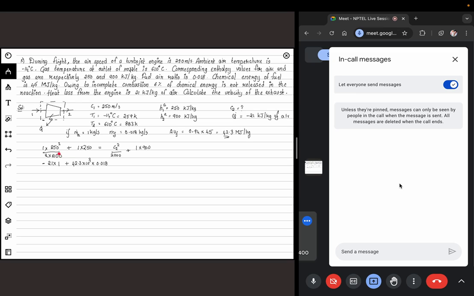So this is for the velocity part, this is the enthalpy part, this is the Q part, and this is the U part. So whatever is the heat loss plus whatever is your change in internal energy, this is the change in internal energy, out of which 21 kilojoule per kg is lost, and these are the inlet and outlet changes.